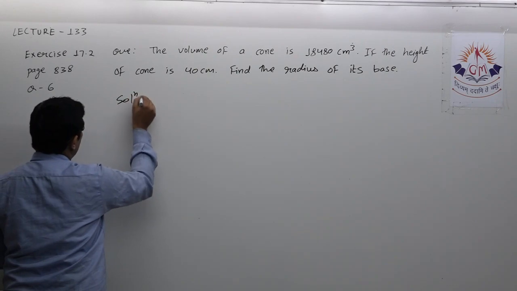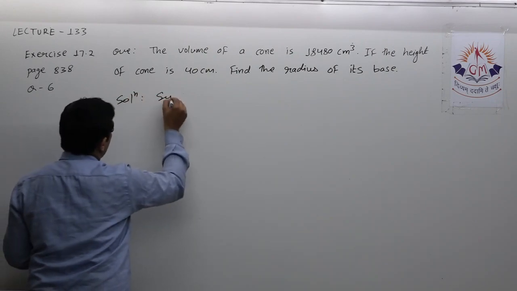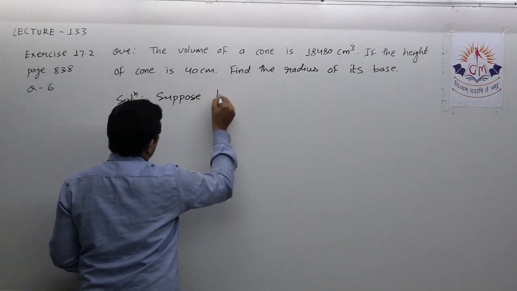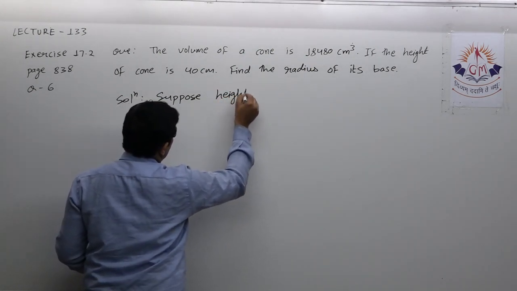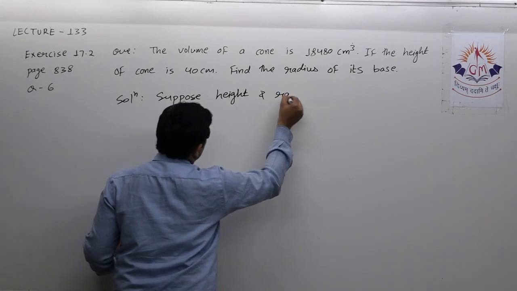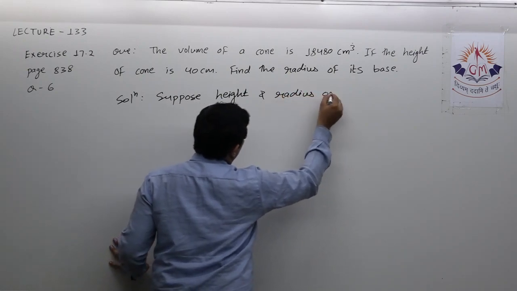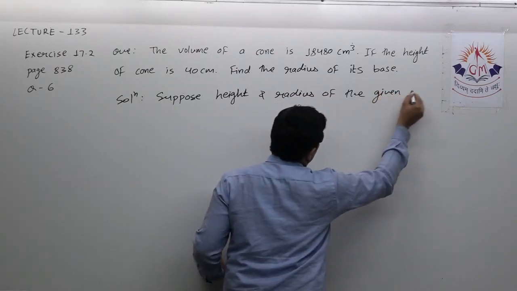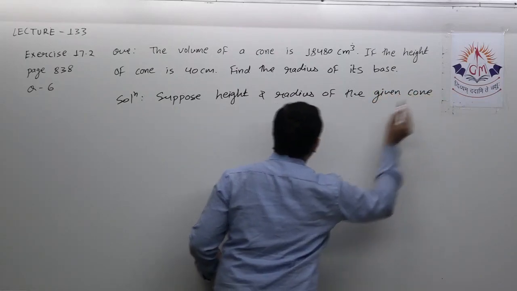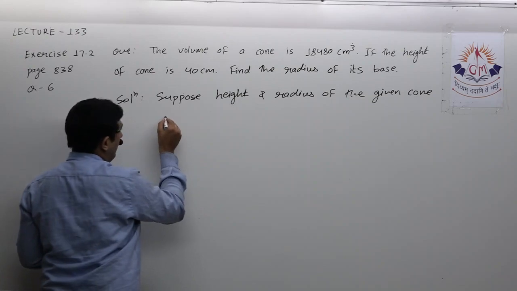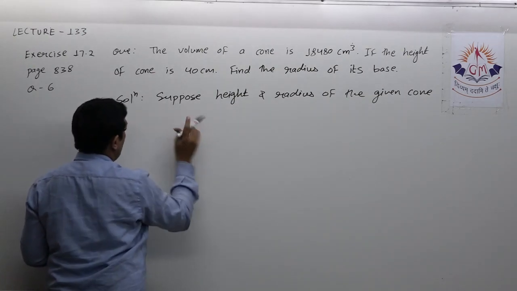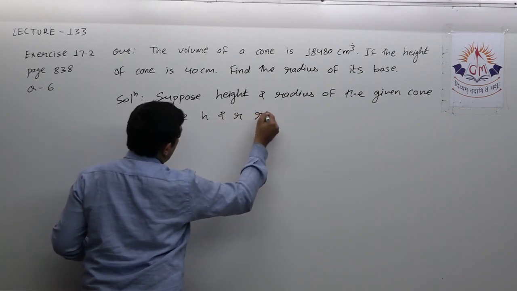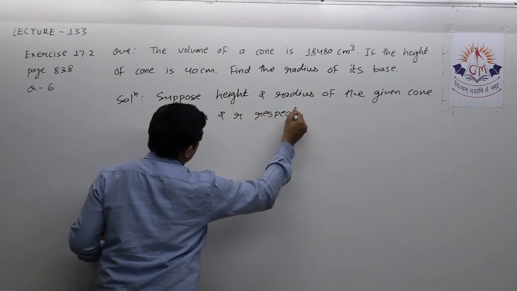So let us see how to solve. Suppose the height and radius of the given cone are h and r respectively.